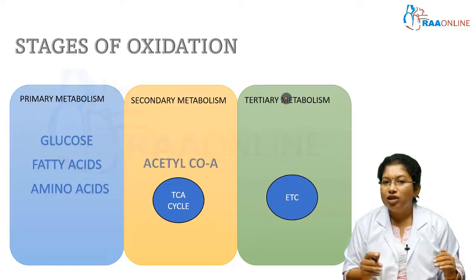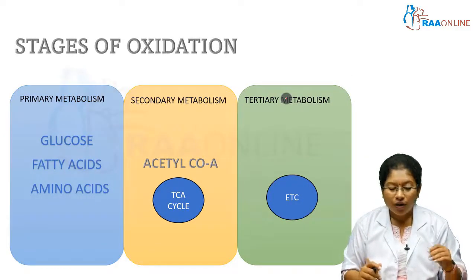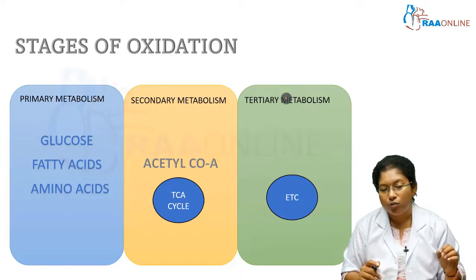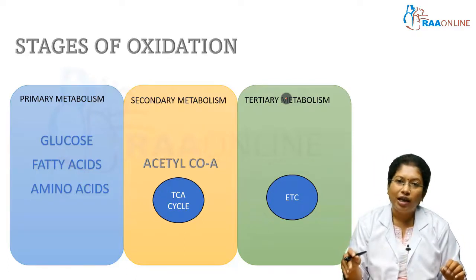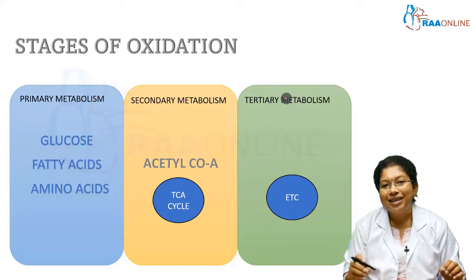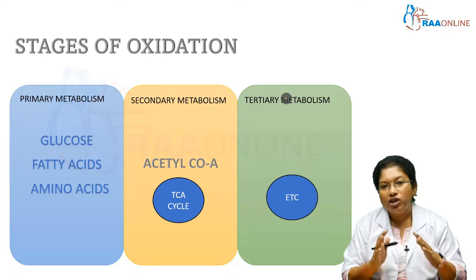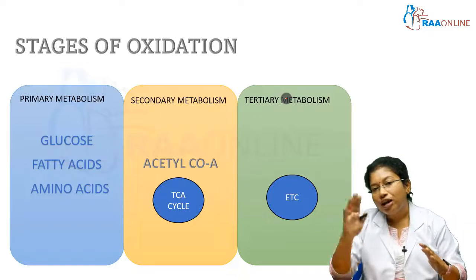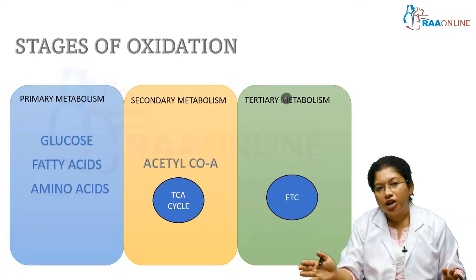So there are three stages of oxidation, like I've explained. Primary metabolism is the digestion of your carbs, fats and proteins into their smaller units, glucose, fatty acids and amino acids, which enters into the secondary metabolism in the TCA cycle taking place in the mitochondria. And then the electrons which are generated, the reducing equivalents like NADH and FADH2, are transferred to the tertiary metabolism.